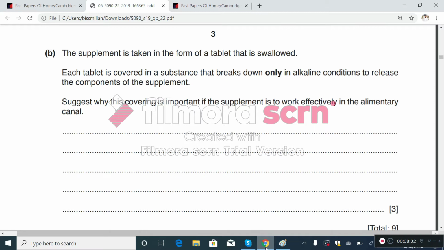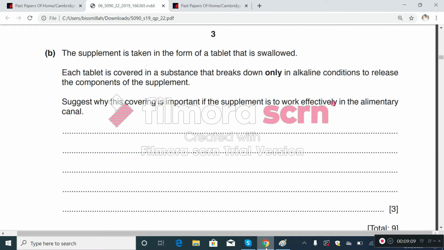In our alimentary canal, two places are very dominant where the process of digestion takes place other than the mouth. The first one is the stomach and the second is the small intestine. The covering is a substance that breaks down only in alkaline solution.